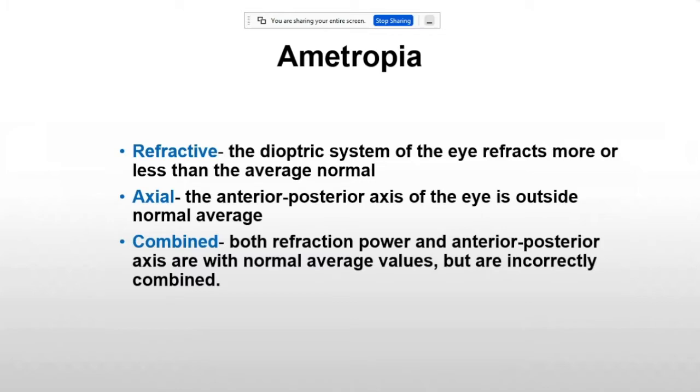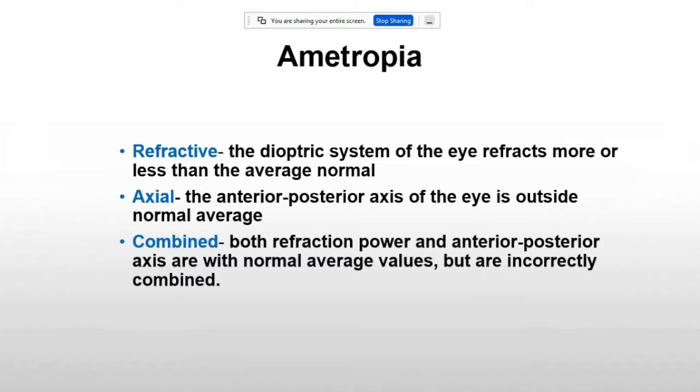Emmetropia is when parallel rays from infinity reach the refractive structures of the eye and the focus falls on the fovea. If that's not the case, we have ametropia. Ametropia can be refractive.